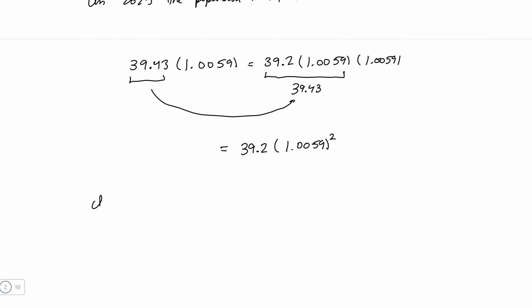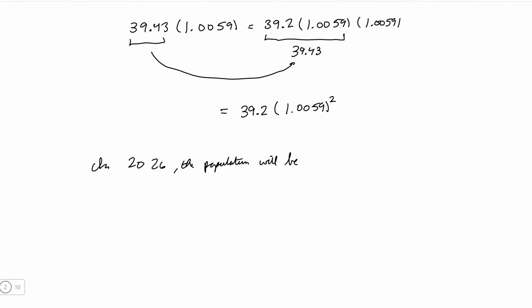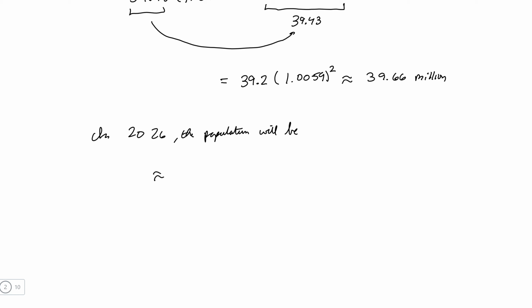So in 2026, the population would be, assuming we continue with the same growth rate, well, we take the one from before, and if we write down what this is, about 39.66 million. Just so we have a number there. So this should then be approximately 39.66 times 1.0059.